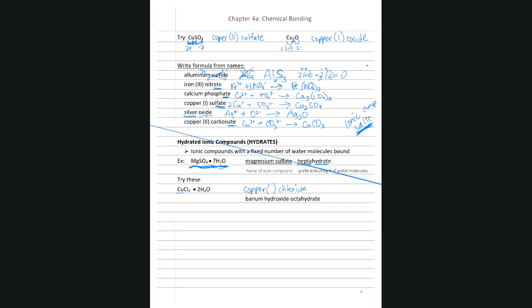Chloride has a -1 charge, and there are 2 of them, so there's a total of 2- charge from the chlorides. So the charge from the copper needs to be 2+ to balance that out. So it's copper(II) chloride, and there are 2 water molecules, so it would be a dihydrate.